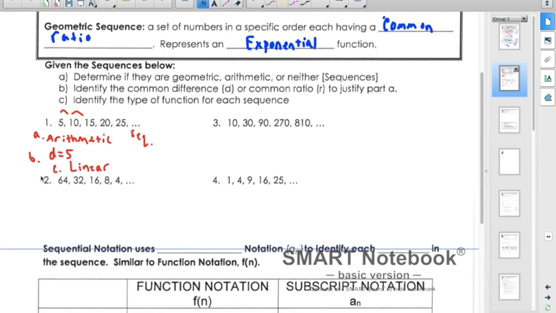I'm multiplying by 1/2 each time to get down, or dividing by 2. So, part A, that's a geometric sequence. Part B, hopefully we see it's a common ratio, and that ratio is 1/2. And part C, is it linear or exponential? That's exponential.